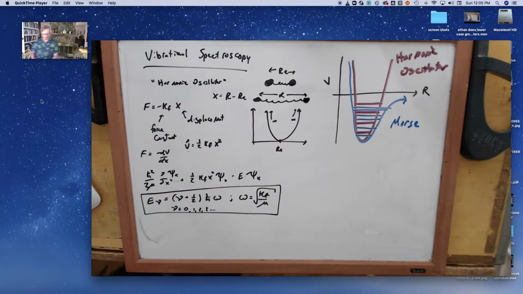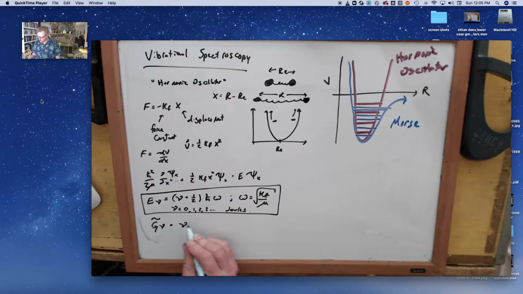So I'll rewrite this equation in a slightly different way to be consistent with our wave number notation. So this gives our solution in joules. So our wave number solution, I'm going to write as G of nu, with that little tilde to indicate it's a wave number.